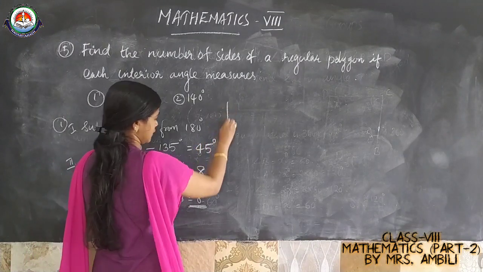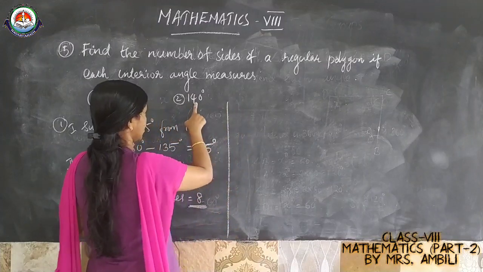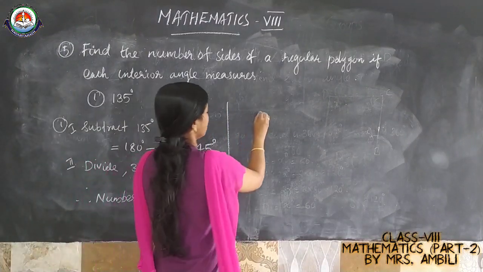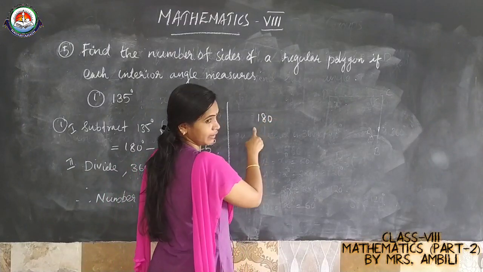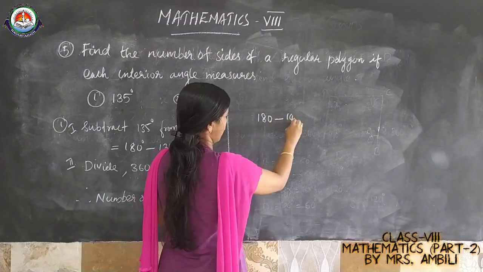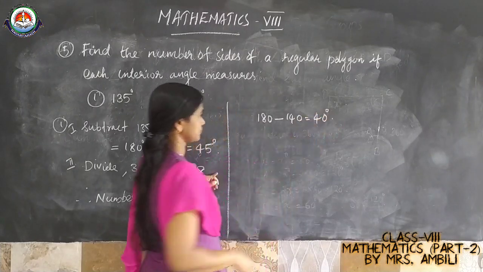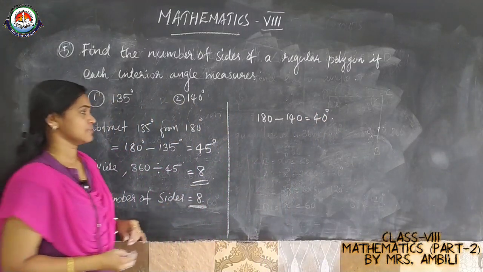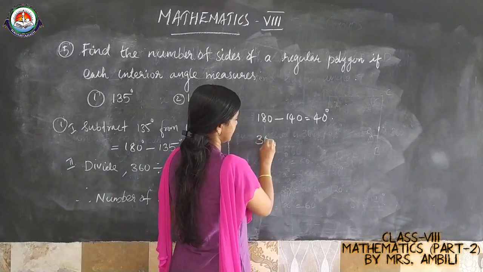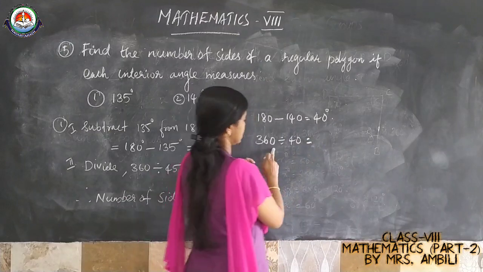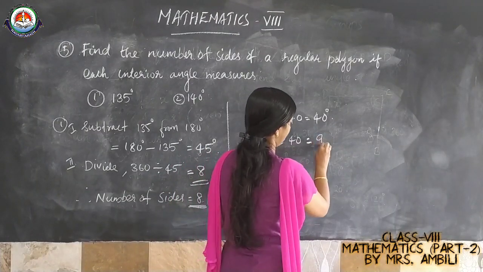So for second question we can do, what is our second question? 140 degree. So what is first step? 180 minus 140. How much we will get? 40 degree. Okay. Next what you want to do? 360 divided by 40 degree. 360 divided by 40, 9.